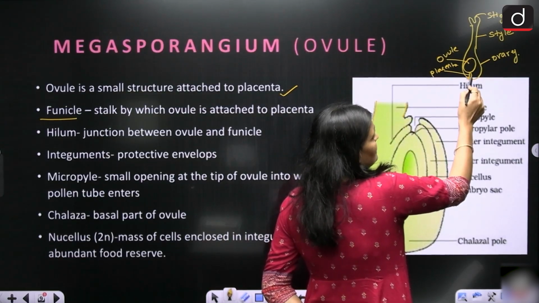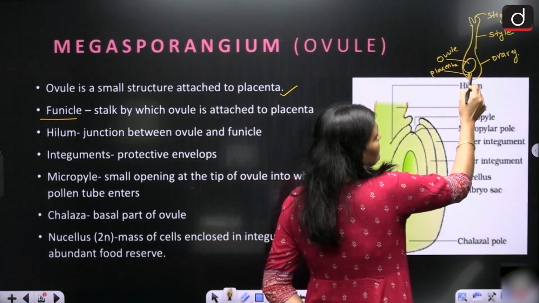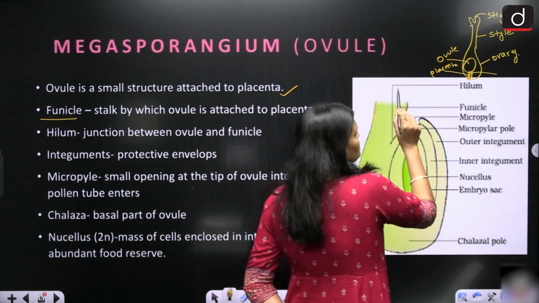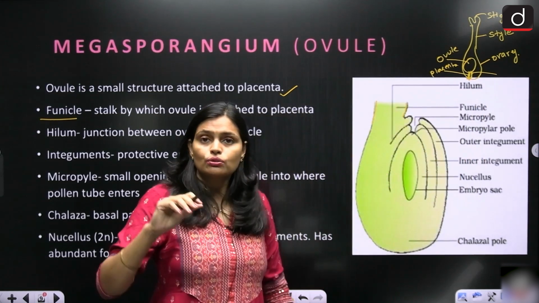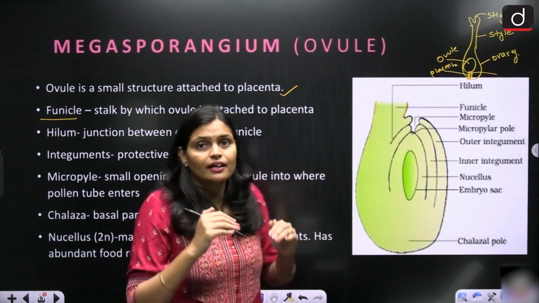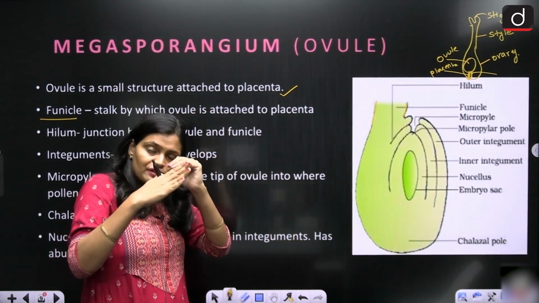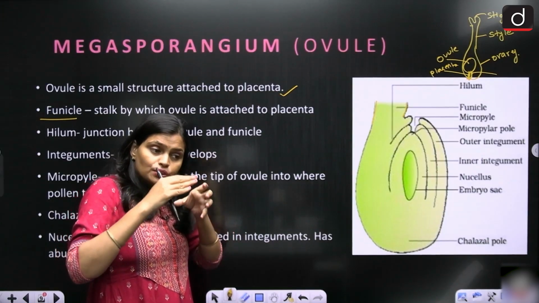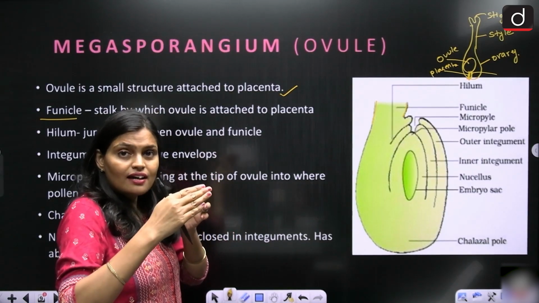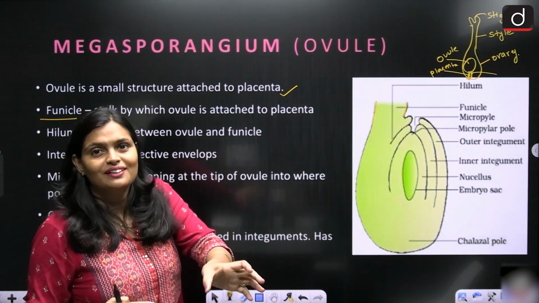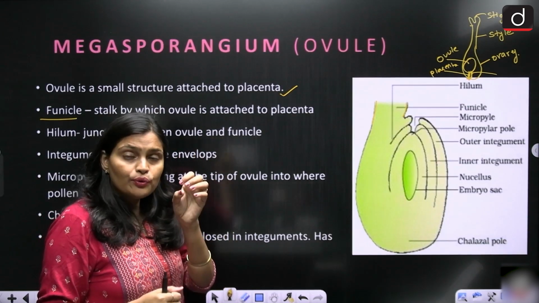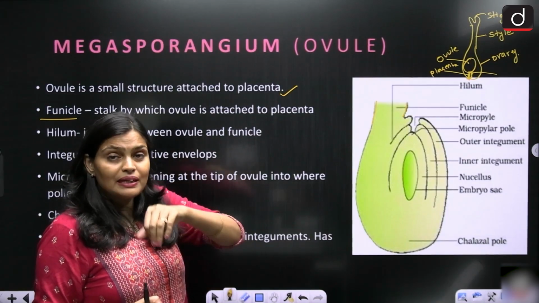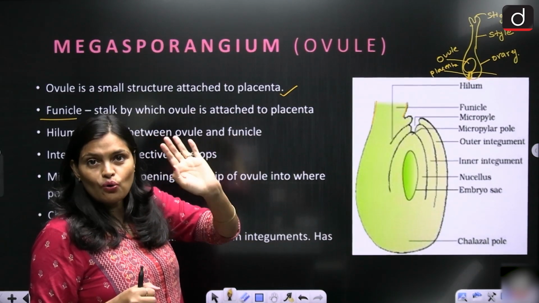To this placenta the funicle is attached. This is the funicle which attaches to the placenta. तो ovule से क्या निकल के आया? Funicle. Ovary से placenta. So the ovule is attached to the placenta via funicle. Understood? Ovule funicle के through placenta से attach होता है and placenta attaches to the ovary.